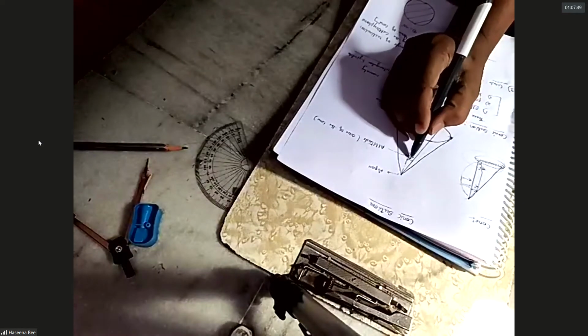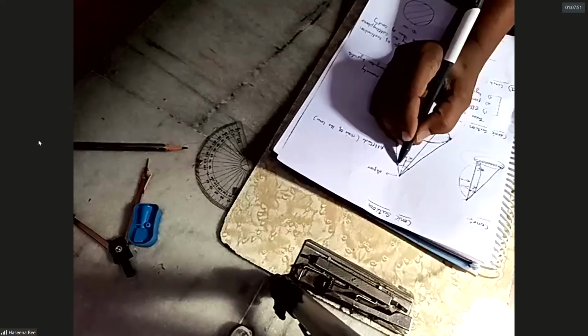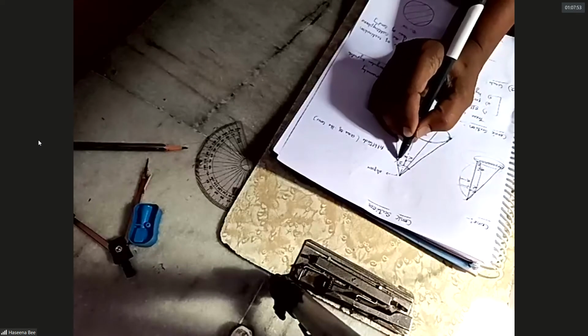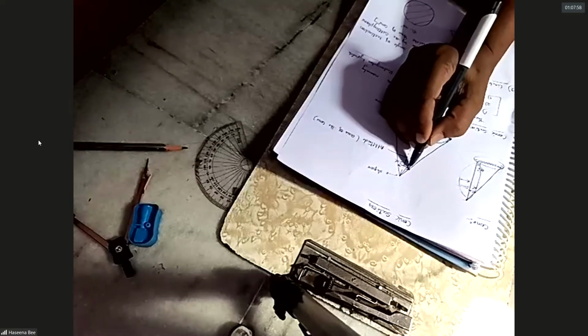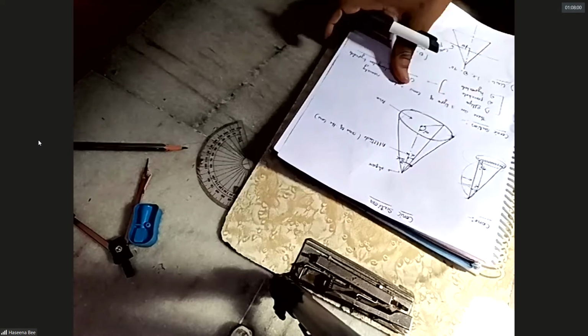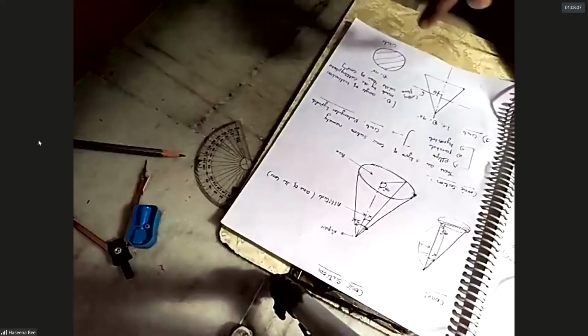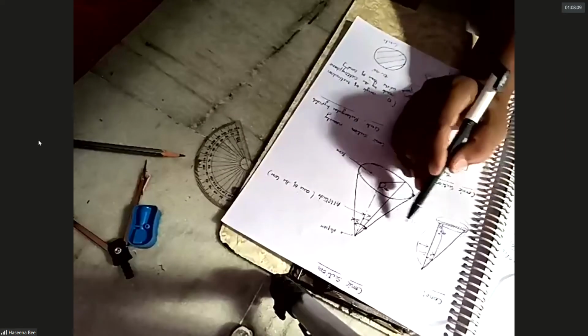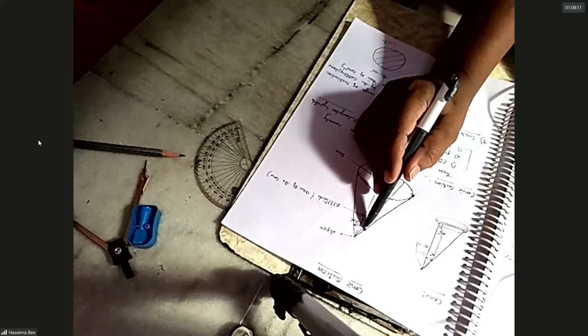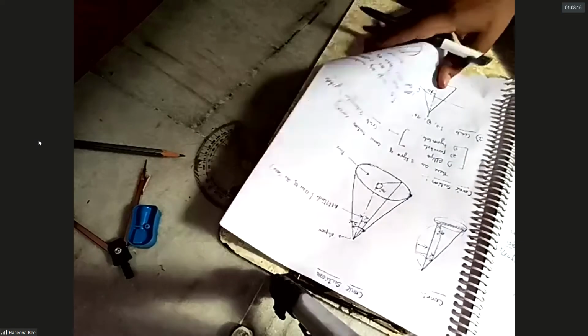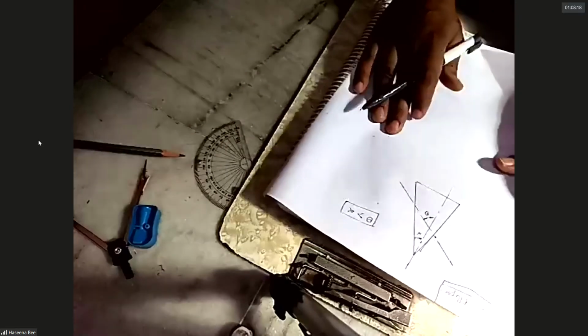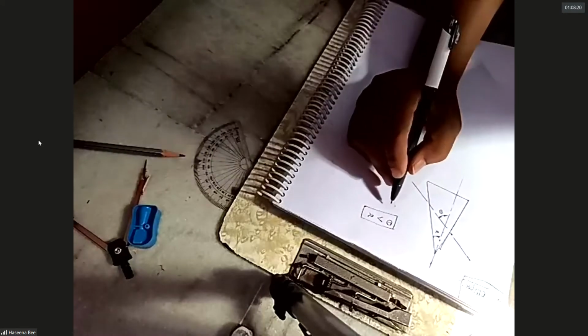When this is the apex angle of the triangle, the total apex angle for the cone will be equal to 2 alpha. From here to here, the total apex angle of the cone is 2 alpha. This is a very important question: if the right angle triangle is rotating with an apex angle alpha, then the total cone angle will be 2 alpha. Now, how to get an ellipse? For an ellipse, what is the condition?